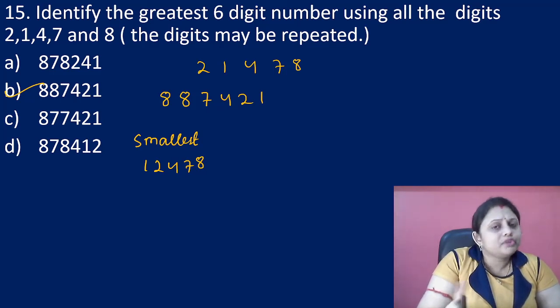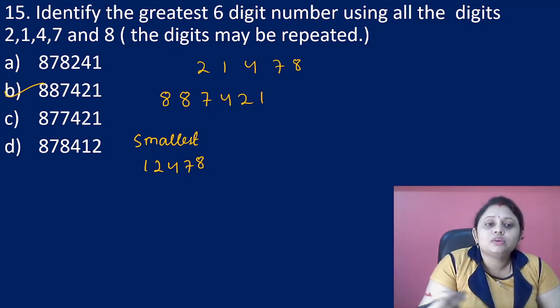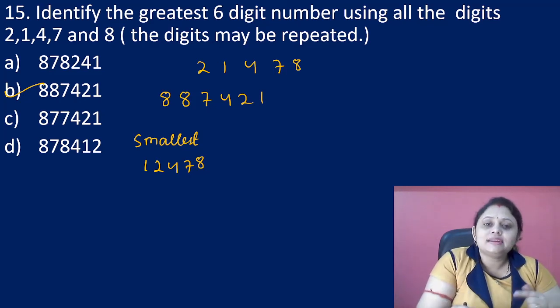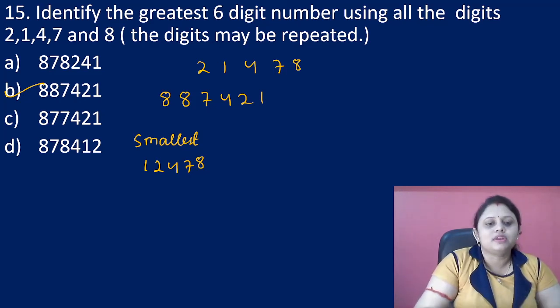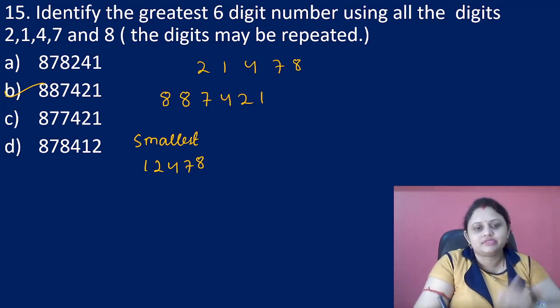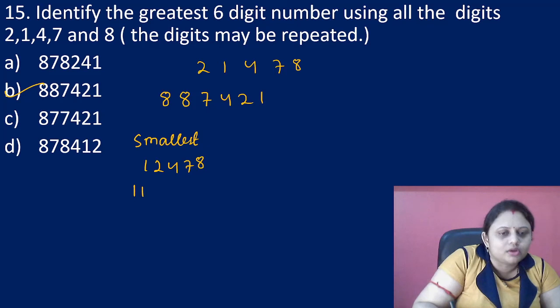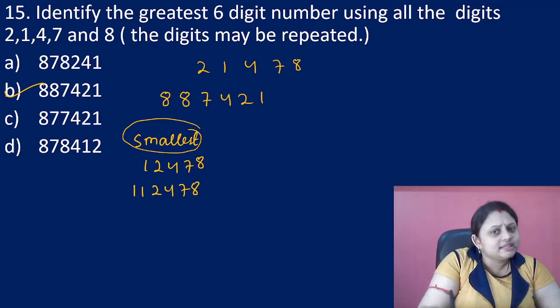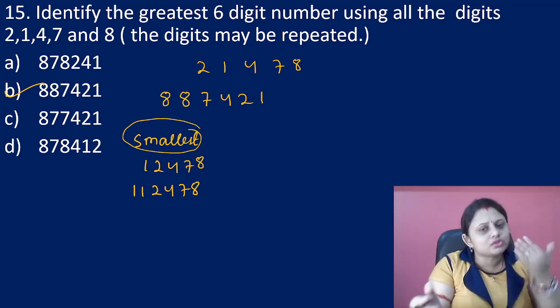To get the greatest number, we have to repeat the greatest digit. To find the smallest number, we have to repeat the smallest digit, on its left side. So we repeat 1: 1, 1, 2, 4, 7, 8. In this question we don't need it, I am just giving you some extra knowledge.